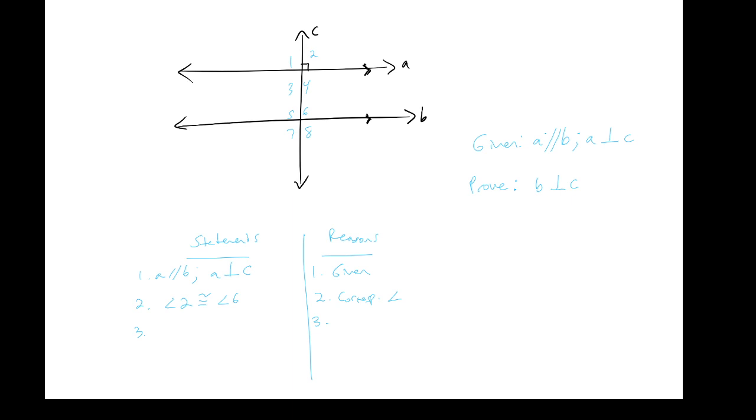Now that 2 and 6 are congruent, you know that angle 2 is equal to 90 degrees, right? And the reason we know that is because of the definition of perpendiculars or of right angles, right?